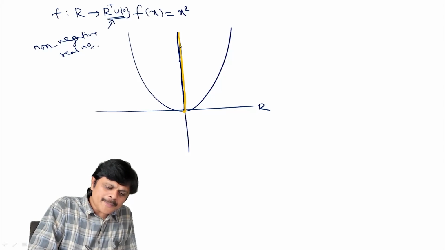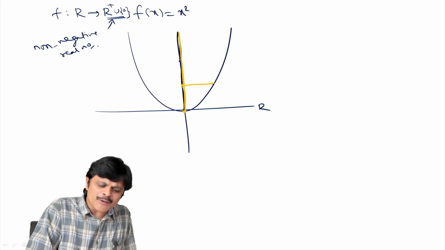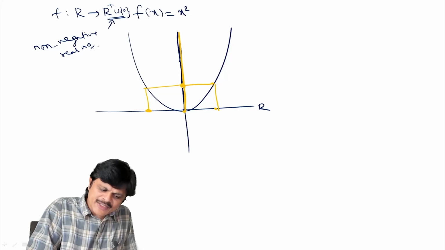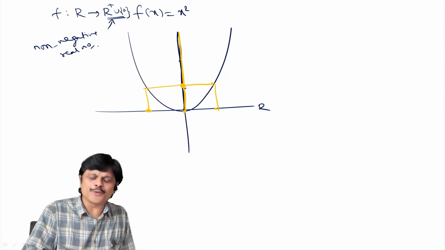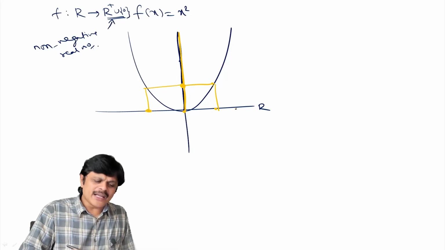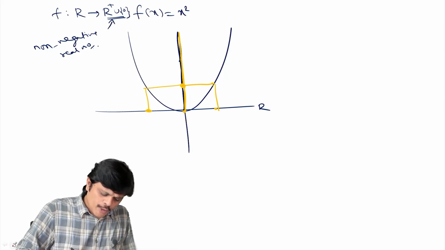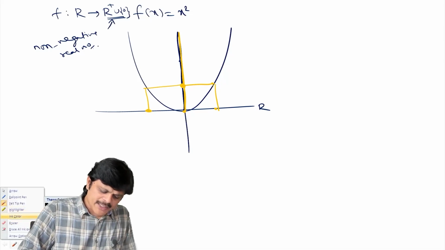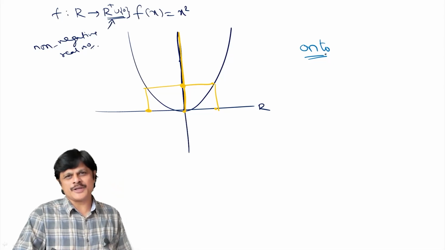And for every value in the codomain I am able to find pre-images. These two will be the pre-images for this one. You need to drop a horizontal line followed by a vertical to find that. Got it? So this function now becomes an onto function.